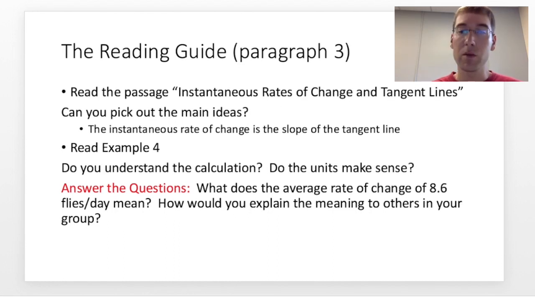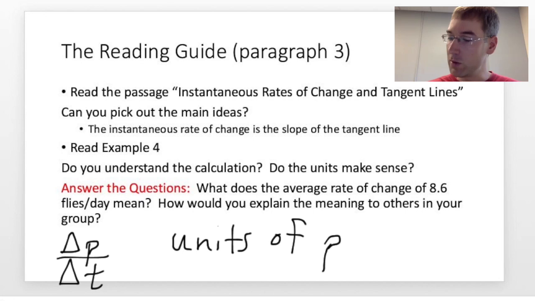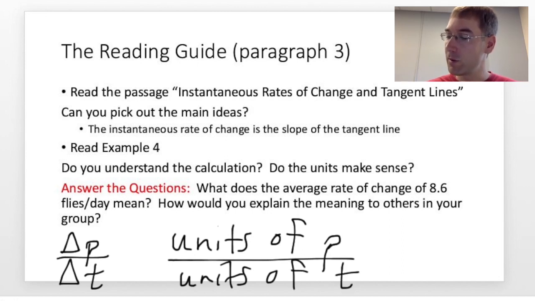If you think about the units, remember we're computing the average rate of change, delta P over delta T, where P is the population of fruit flies. So we'd look at the units of P over the units of T, time. So we're left with flies per day for our units.